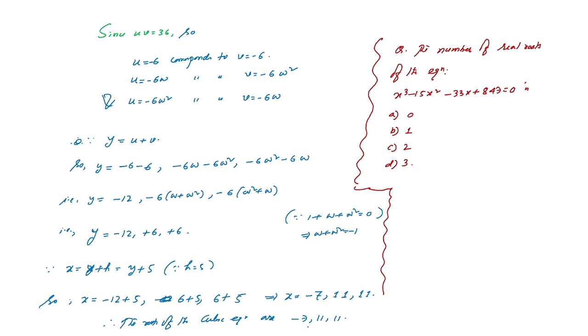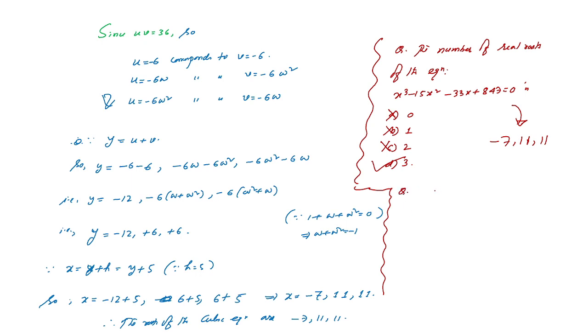So here you will see all the roots are real, and the roots are basically minus 7, 11 and 11. With the help of Cardan's method, you can solve it easily. So the number of real roots is 3, and all other options are false.